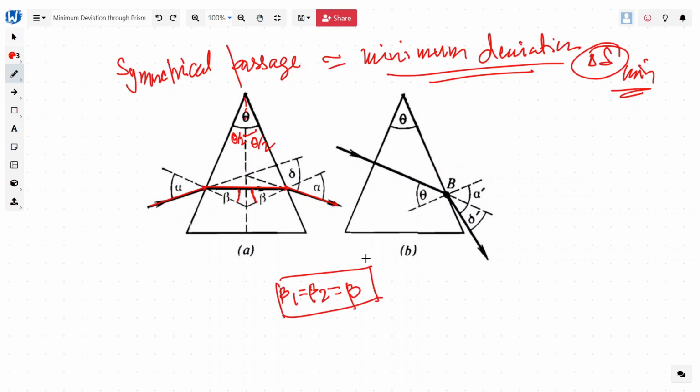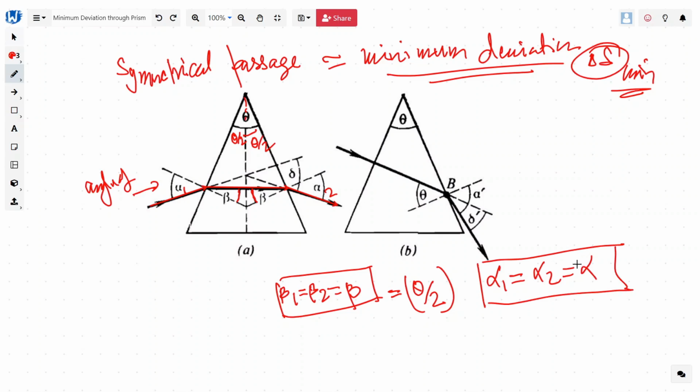And we also proved that in that case this beta is also equal to theta by 2. Okay, so with that in mind, we can simply write the equation of Snell's law. And again, by symmetry, we know that the angle of incidence alpha 1 is going to be the same as alpha 2, and that is alpha.